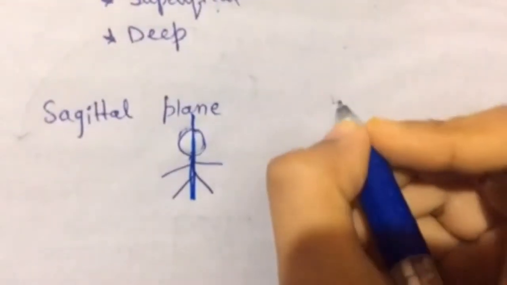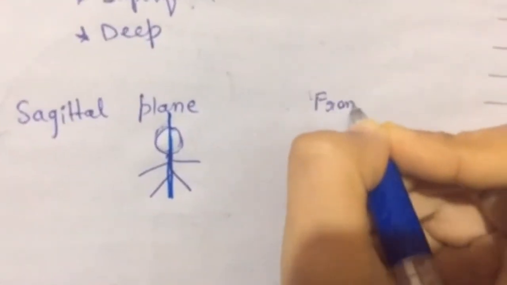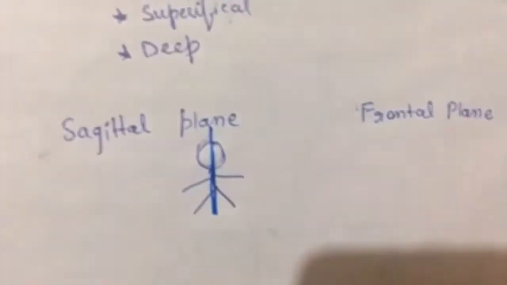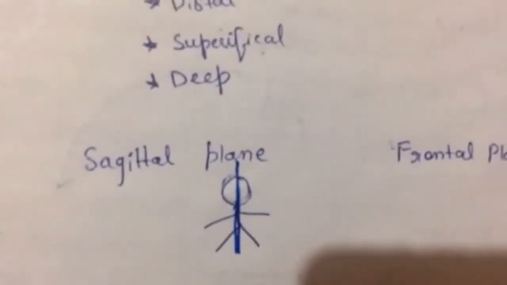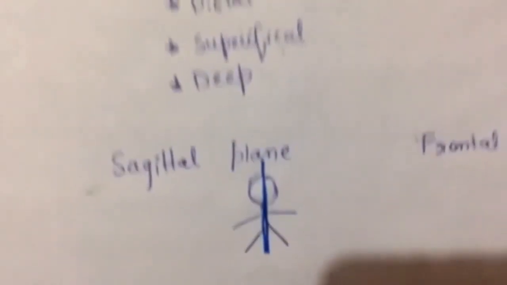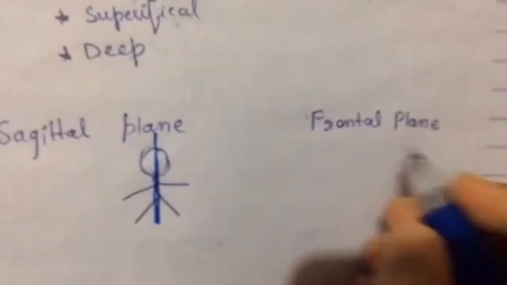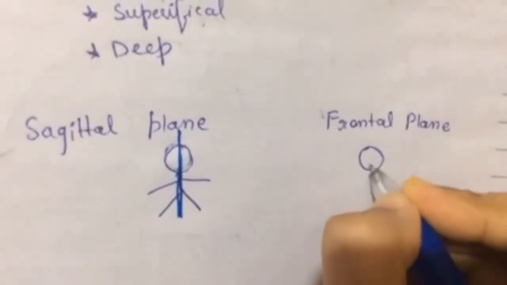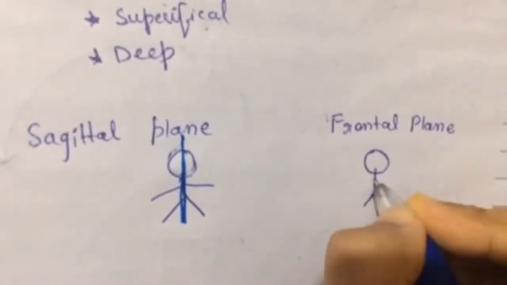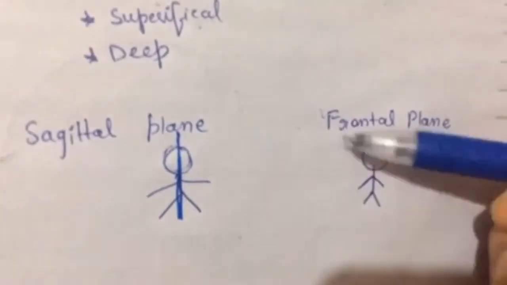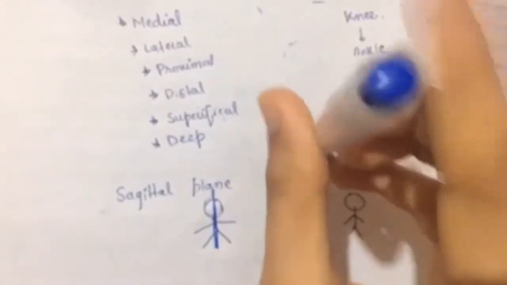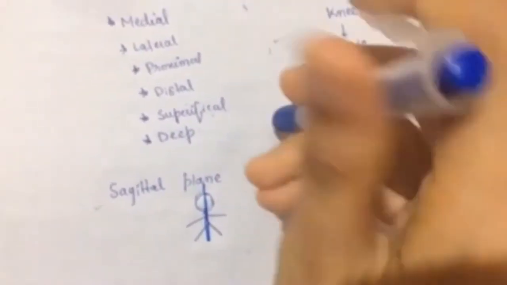Next is the frontal plane, which is also called the coronal plane. Let me change the pen.